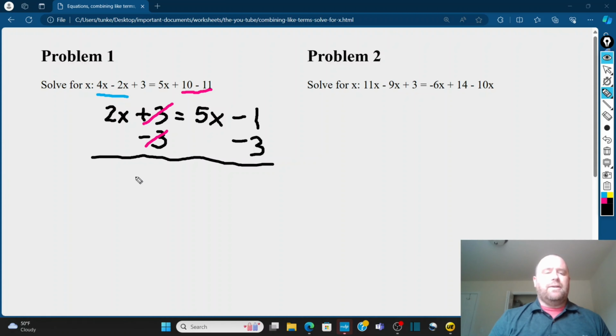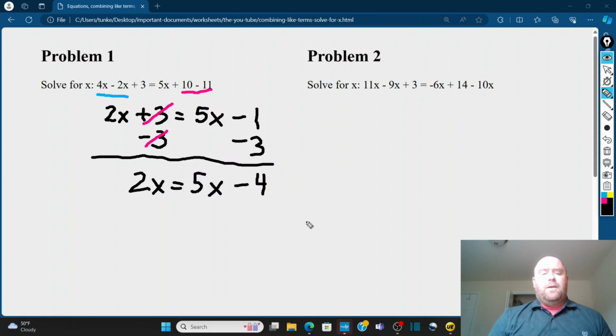On the left-hand side, we're therefore left with 2x. And then we've got 5x here. And we've got a negative 1 here, or plus minus 1. And we're subtracting 3. It's kind of like negative 1 plus negative 3, which gives me just plus negative 4 or minus 4.